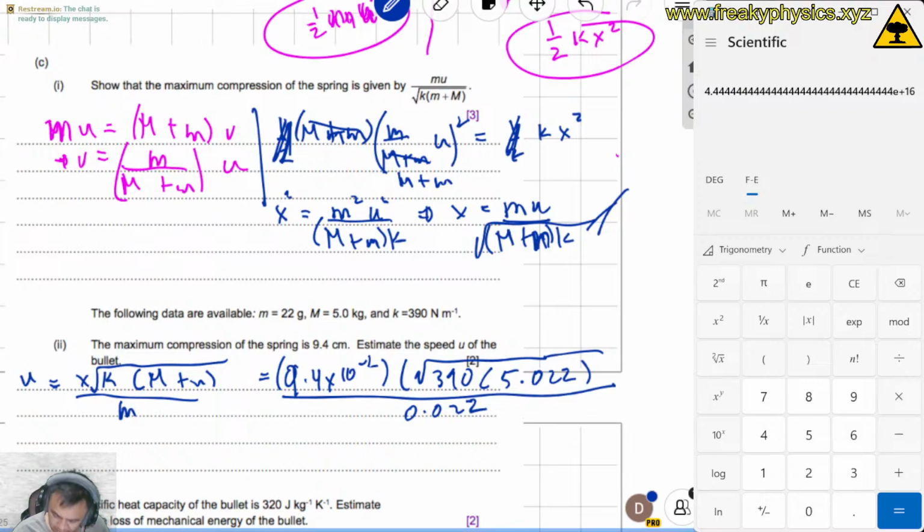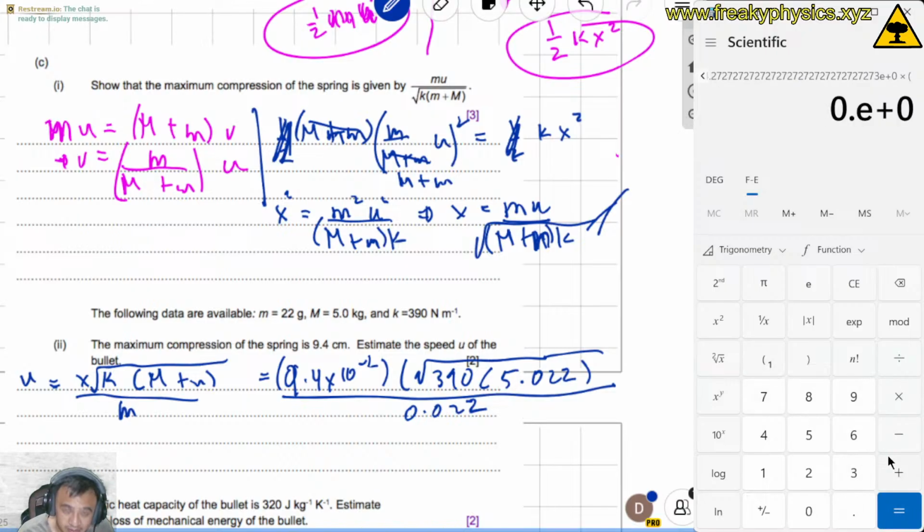Let's try that. 9.4 exponent -2, then divide by 0.022, then times 390 times 5.022, then take the square root.